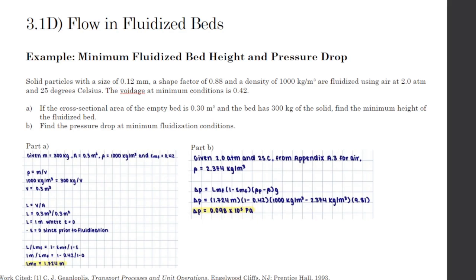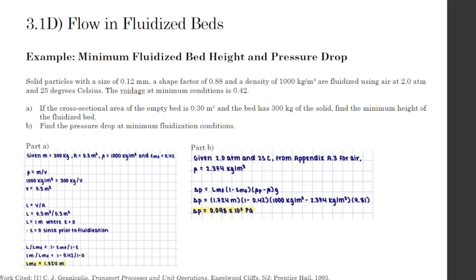Then you can use volume over the area, which is meters cubed over meters squared, to find, in terms of meters, the height, which is 1 meter. I'm going to specify that this is at an epsilon value of 0, as this is prior to fluidization. So this is the initial condition before the fluidization occurs.